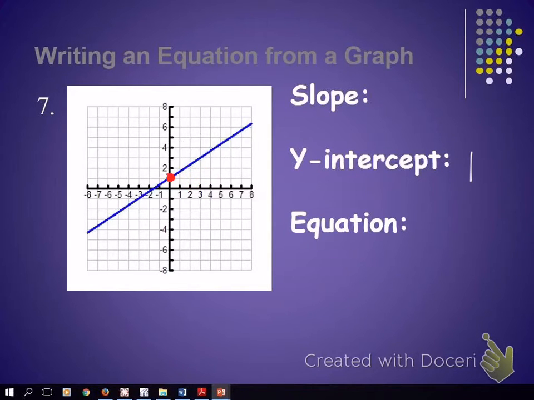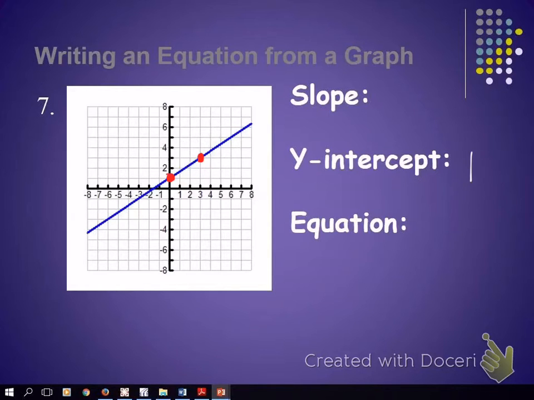Remember, the slope tells us the vertical change and the horizontal change needed to get to the next point on the line. Well, we can choose any other point we want, but in order to use the grid lines to help us count, we need to find a place where the line goes through a corner of those grid lines, and there's one right there.